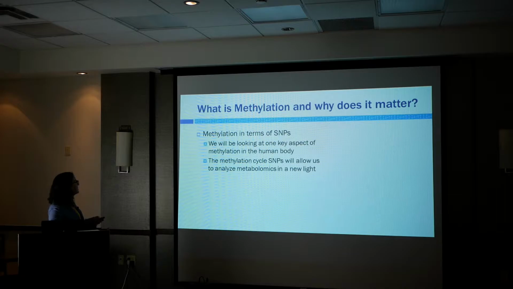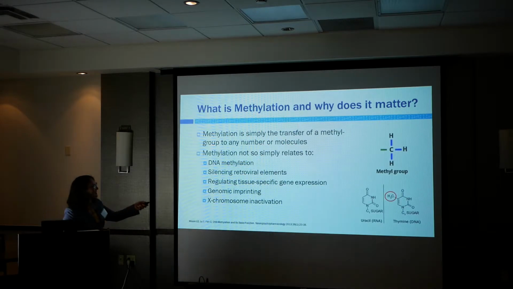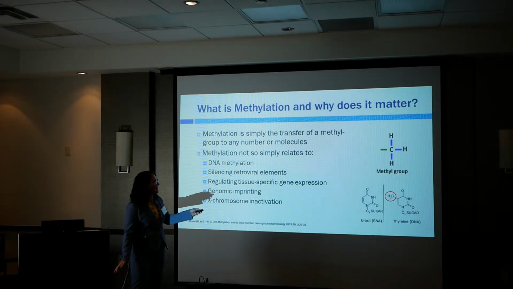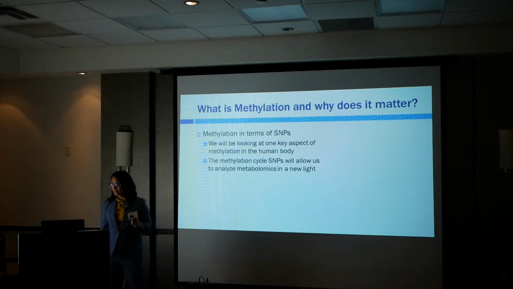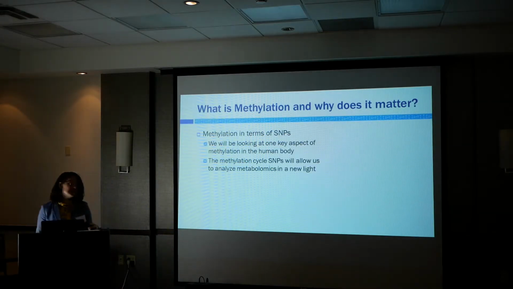So here's that little molecule. And what's fun is that thymine is just a methylated version of uracil. So when we're talking about RNA versus DNA, that's a fun little tidbit.